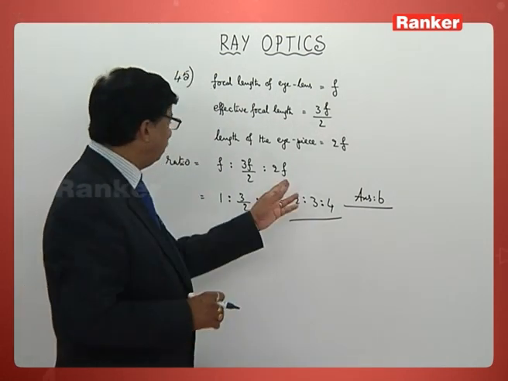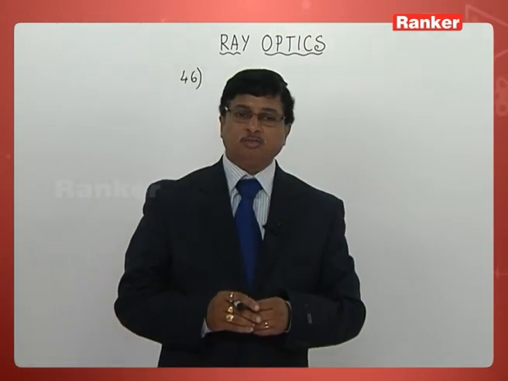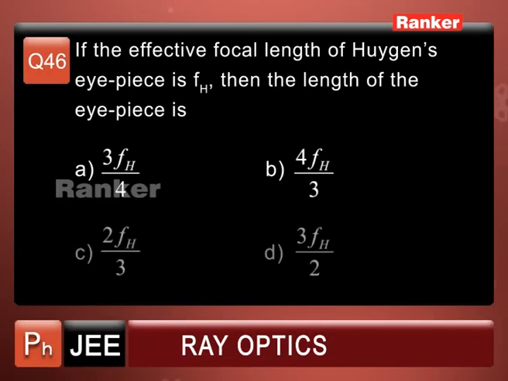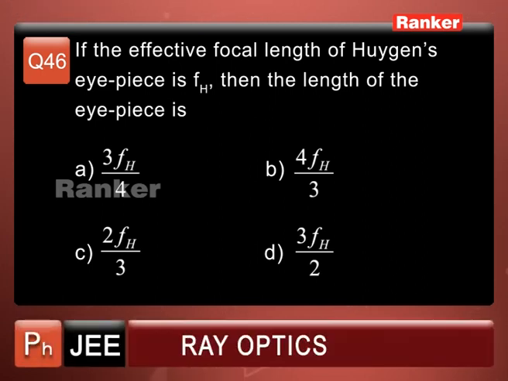This is problem number 45 that we have. Check the next number, 46. If the effective focal length of Huygens eyepiece is FH, then the length of the eyepiece is how much? First option is 3 times FH divided by 4. Second option is 4 FH by 3.